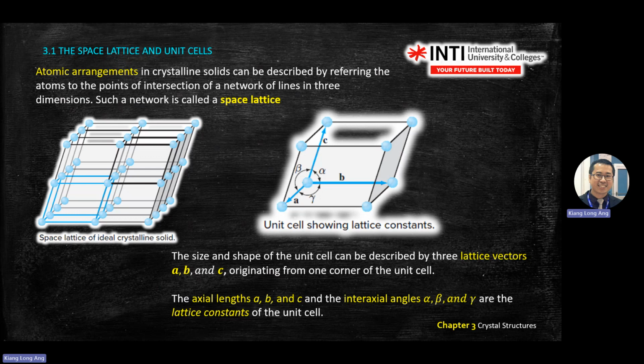Alpha is between B and C, beta between A and C, gamma between A and B. This is important. By changing alpha, beta, gamma, and the A, B, C values, it gives you a certain name for that cubic. These are the fundamentals when deriving a certain crystalline structure.